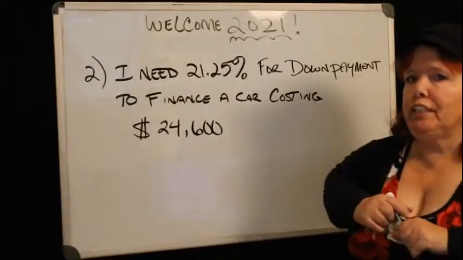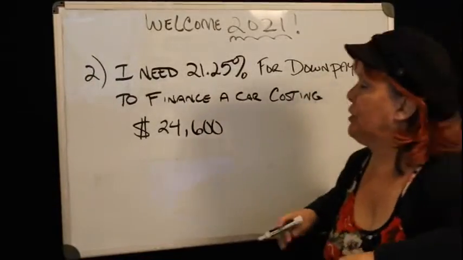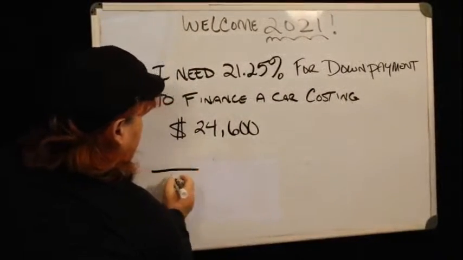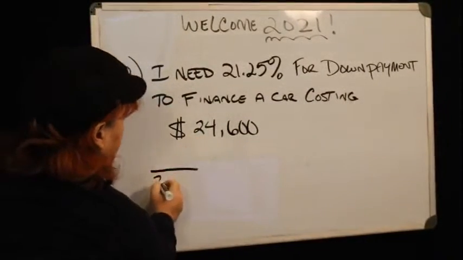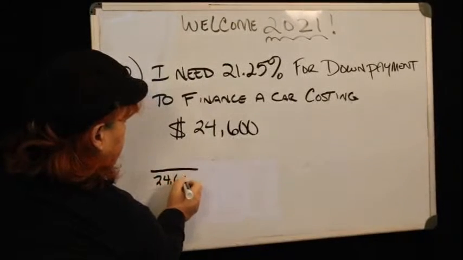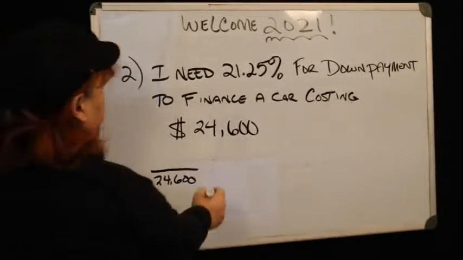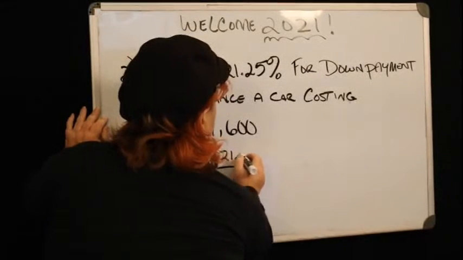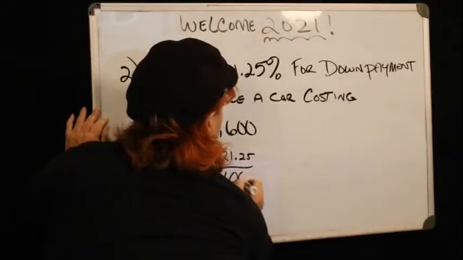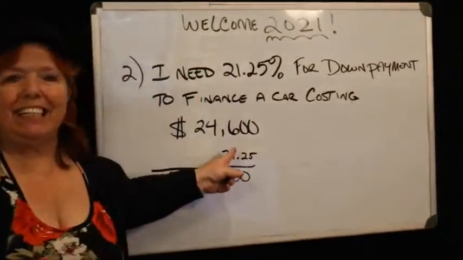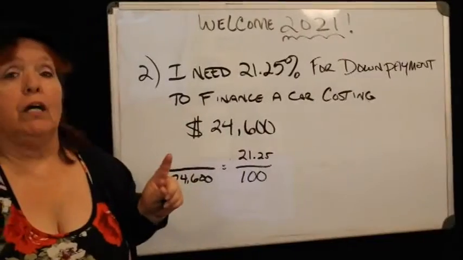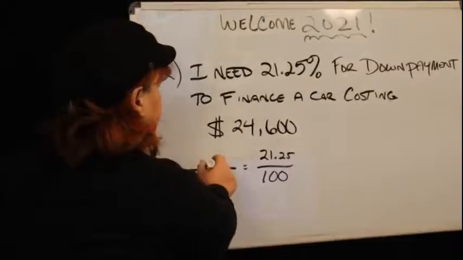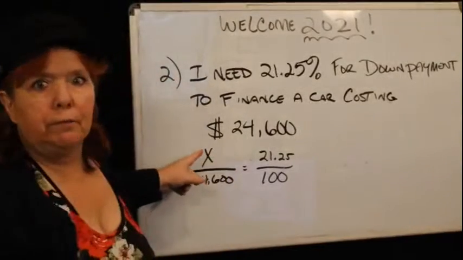Using the same formula we used, we're going to put the whole, which is the $24,600, and then the percent, 21.25 over 100. Make sure you put that decimal point in there. That's important. Otherwise, your numbers are going to be off. Okay? And then what's missing is the part.